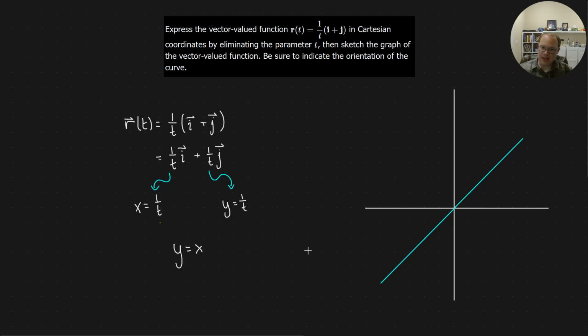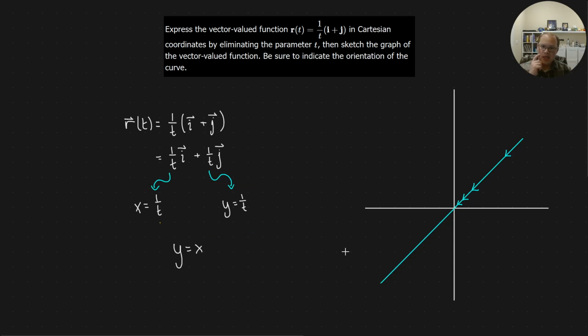So that means the x and y components of points are getting smaller, which means I must be going this way, right? But notice there's a limit. I kind of slow down. I can't quite get past this point because if I'm plugging in positive values of t, then x and y are just going to be positive, right?